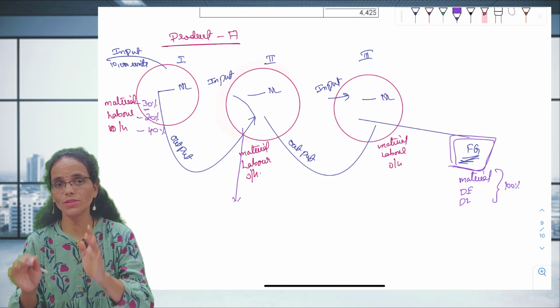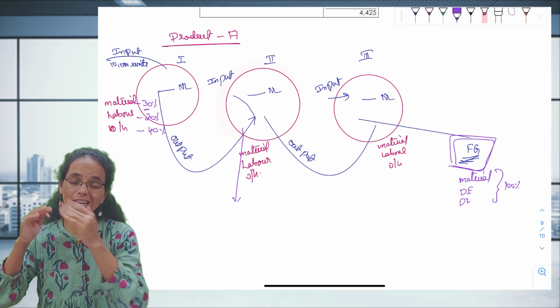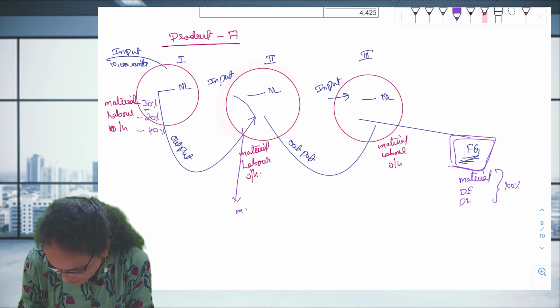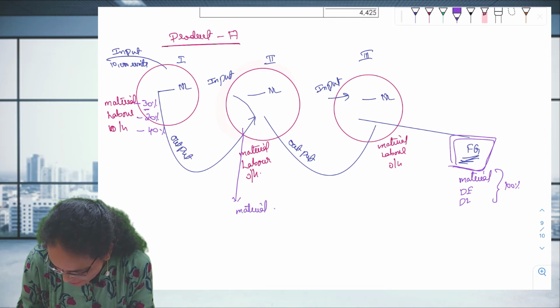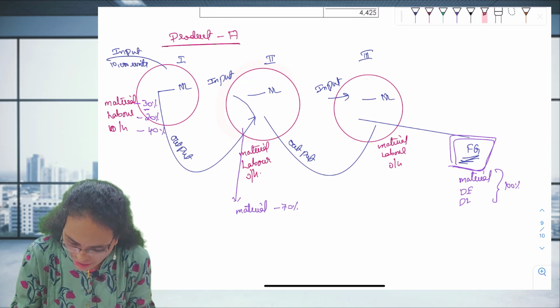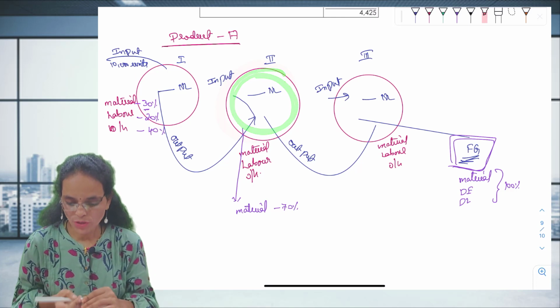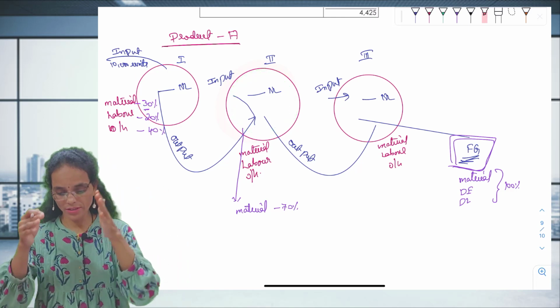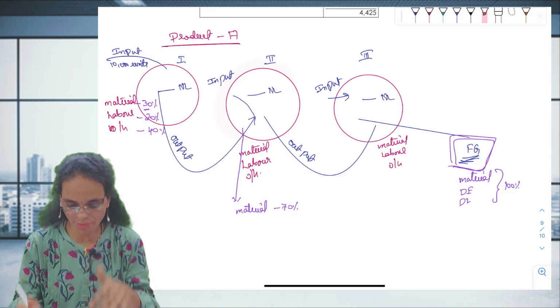In the current process, no further processing is there. In the sense, the remaining 70% of the material has to be incurred in the current process only. So 30% already finished in the previous process, 70% we are completing in the current process.